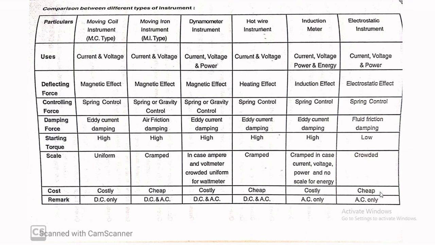So you can remember the main things in this: remarks, that is DC or AC. Another thing is what it should measure, which damping force should be applied to the instrument, and which scale it has, uniform or non-uniform. These are the main questions which repeatedly came in different types of exams.